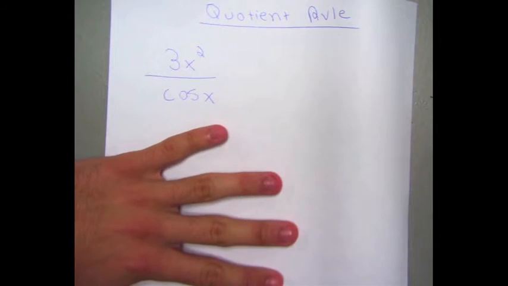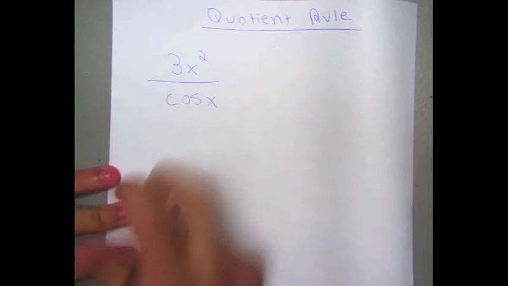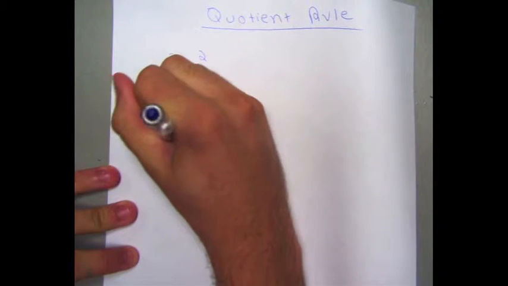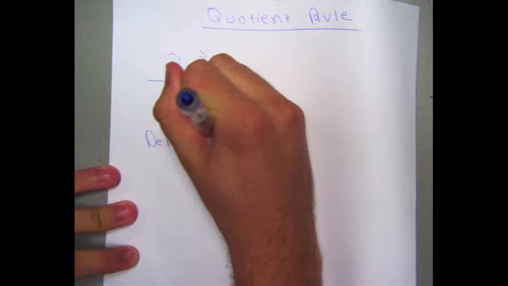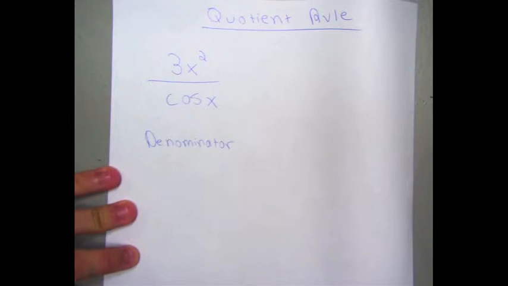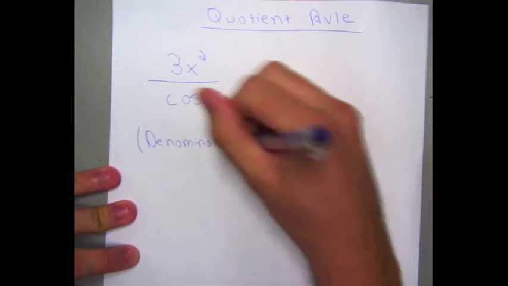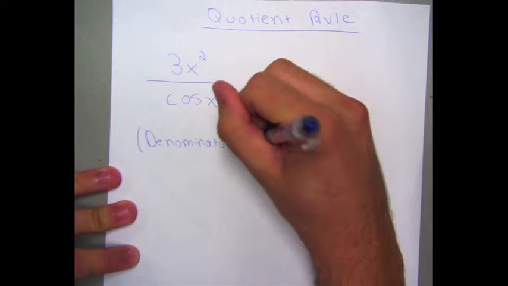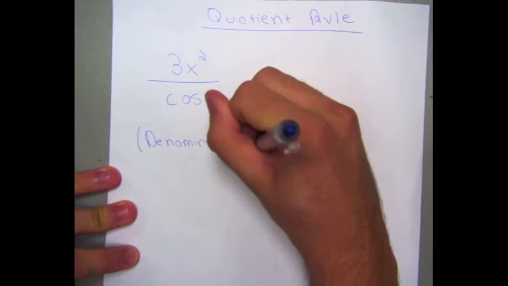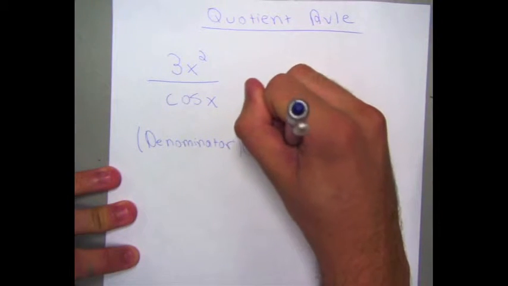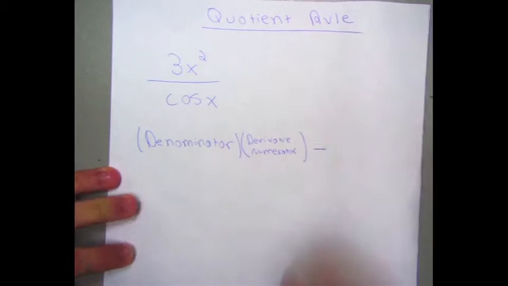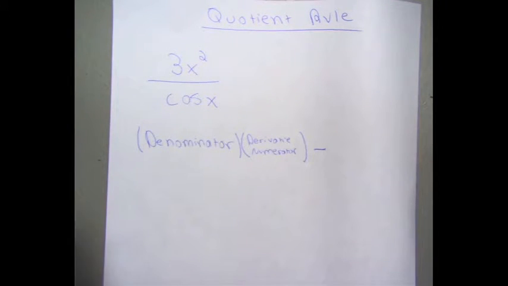Alright, in every single case, there is a formula we are going to be following. First, we're going to have the denominator. We are going to multiply that times the derivative of the numerator. We are going to subtract. Remember that subtraction. Unlike the product rule, we are subtracting rather than adding.